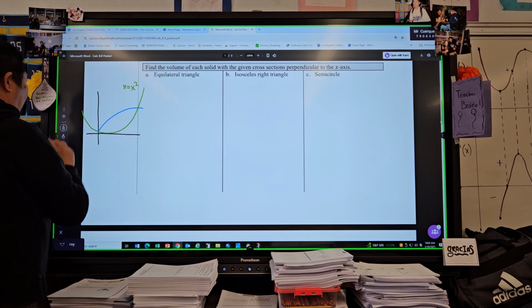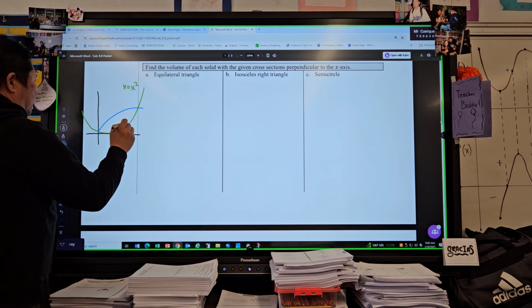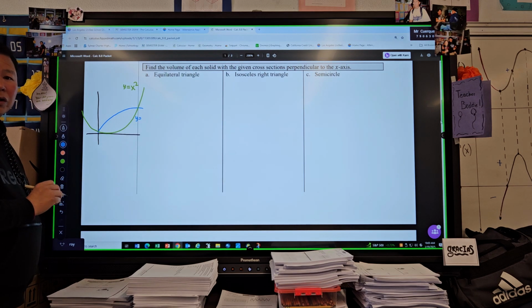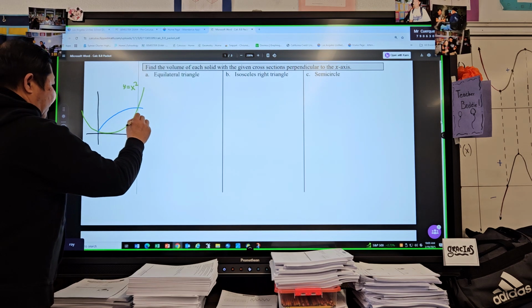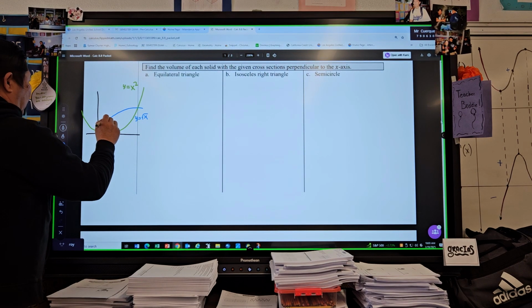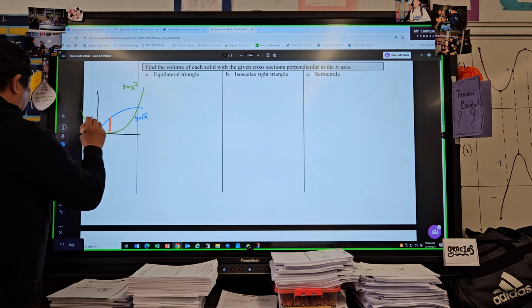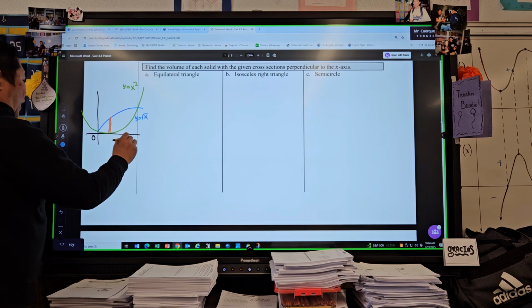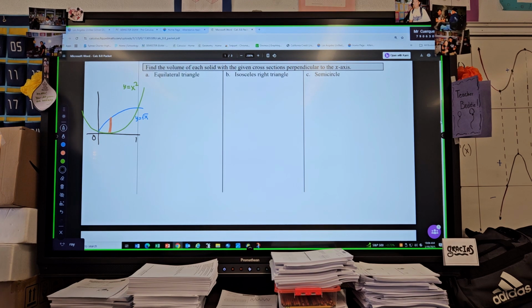How about the blue color? The blue color is y equals the square root of x. The cross-sections are perpendicular to the x-axis, and the limit is from 0 up to 1.